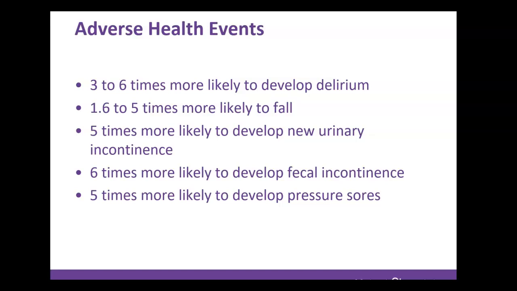So, 3 to 6 people experiencing Alzheimer's are 3 to 6 times more likely to develop delirium, 1.5 to 5 times more likely to fall, 5 times more likely to develop urinary incontinence, 6 times more likely to develop fecal incontinence, and 5 times more likely to develop pressure sores.